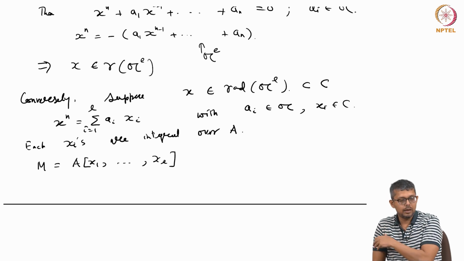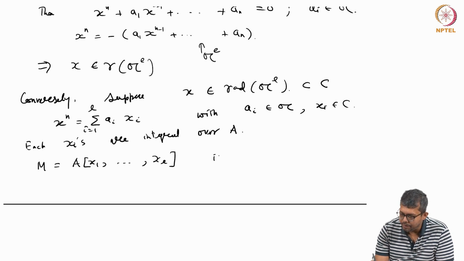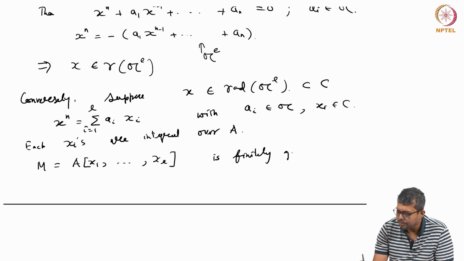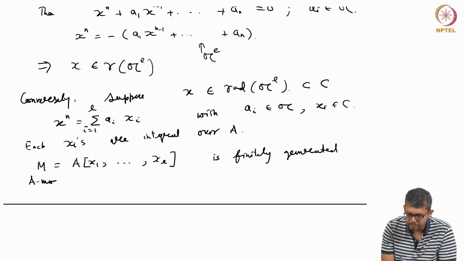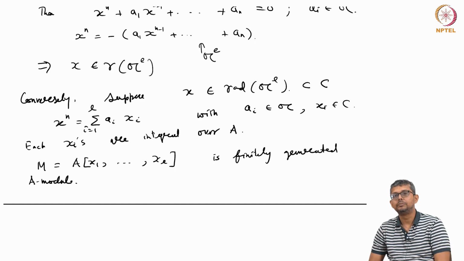Now, x1, x2, xl are integral, so M is a finitely generated A module, and this is faithful also.